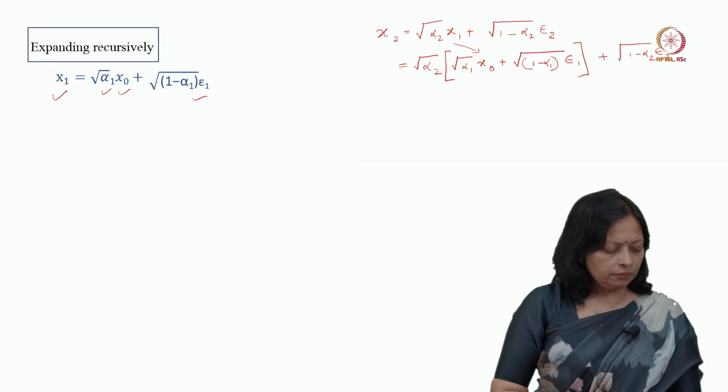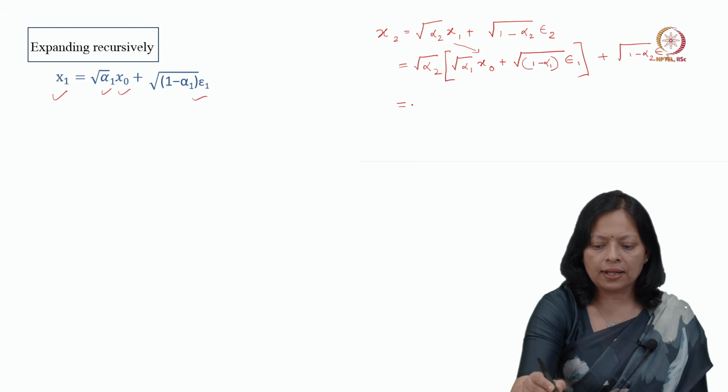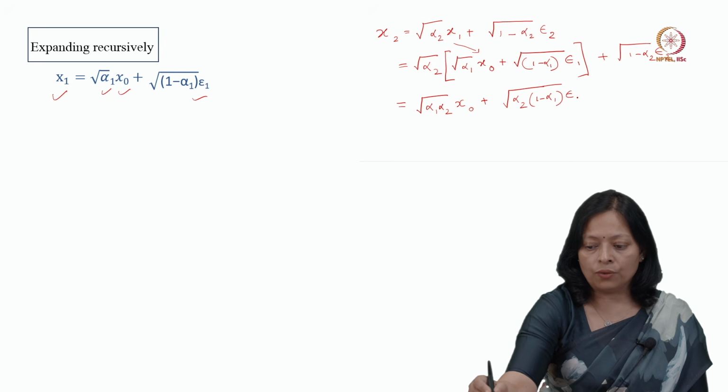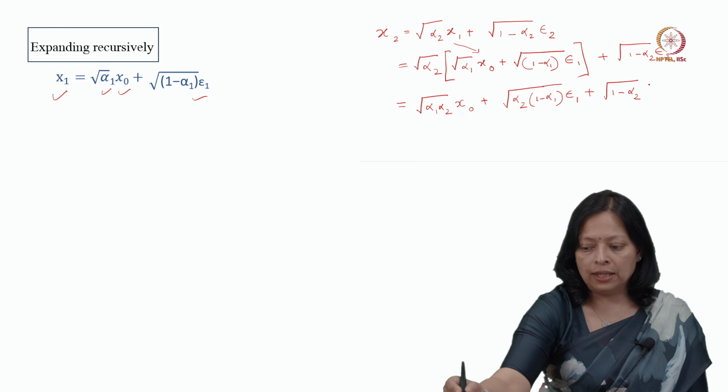Then I can write this as square root of alpha 1 alpha 2 x 0 plus square root of alpha 2 times 1 minus alpha 1 epsilon 1 plus square root of 1 minus alpha 2 epsilon 2.